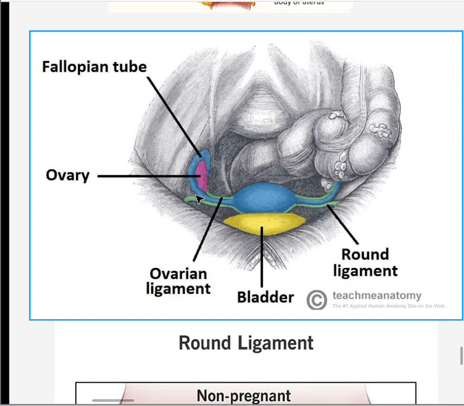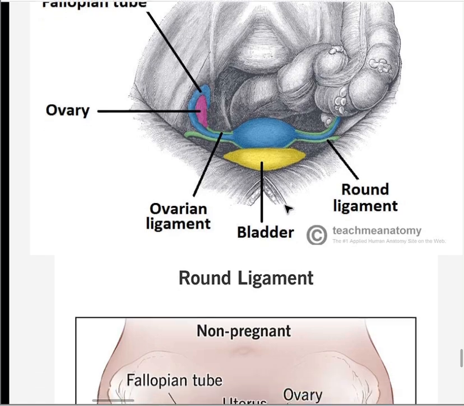Then we have the round ligament. Here you can see the round ligament. The round ligament is the continuation of the same structure and runs forward under the anterior leaf of the peritoneum to enter the inguinal canal, ending in the subcutaneous tissue of the labium majus.